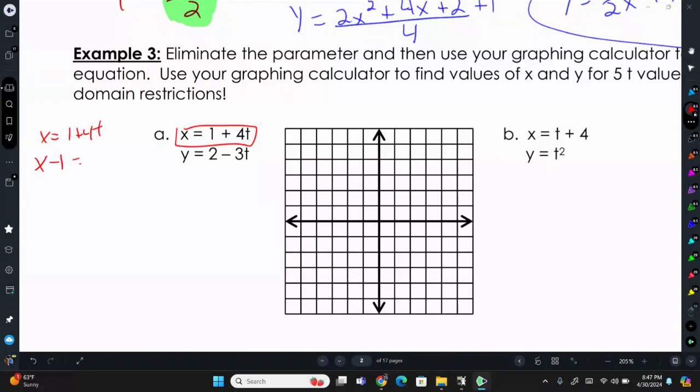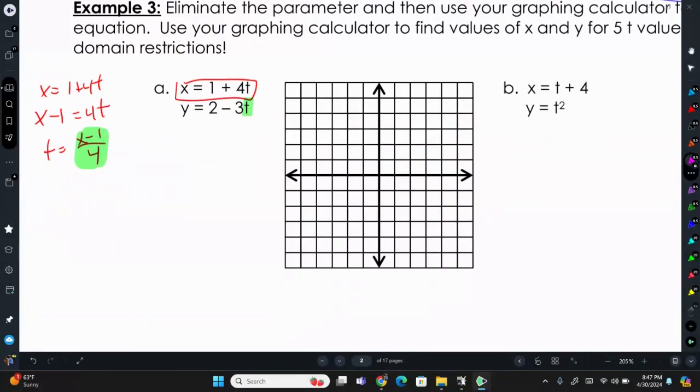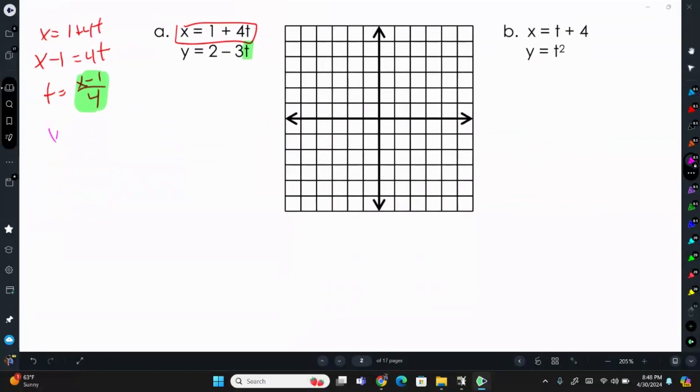So x minus 1 equals 4t. Divide both sides by 4. t equals x minus 1 over 4. So then we're going to substitute that in for t. So y equals 2 minus 3 times x minus 1 over 4. Distribute the 3. And then negative 3, 2 minus 3x plus 3 over 4.